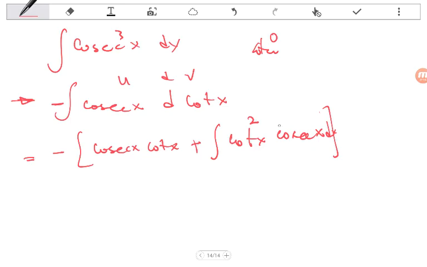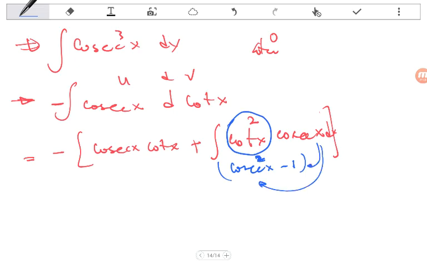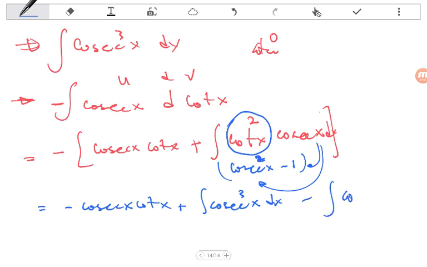I just need to express this in terms of the original integral. So I take the cotan squared and express it in terms of the cosec, which will be cosec squared x minus 1 multiplied by this. Now minus cosec x cotan x plus integration of cosec cubed x dx minus integration of cosec x dx.